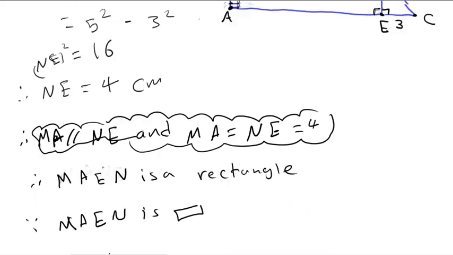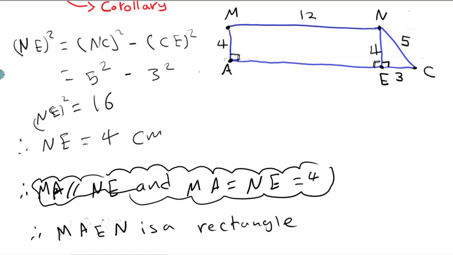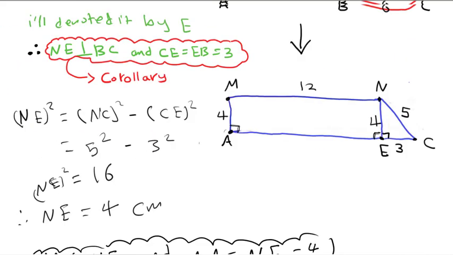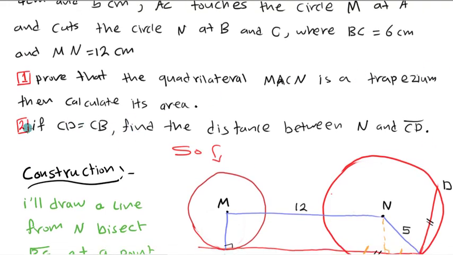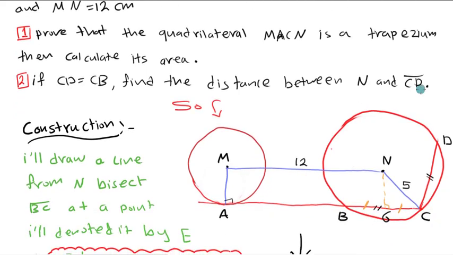The second part is to calculate its area, the area of MNCA. How can I calculate this area?